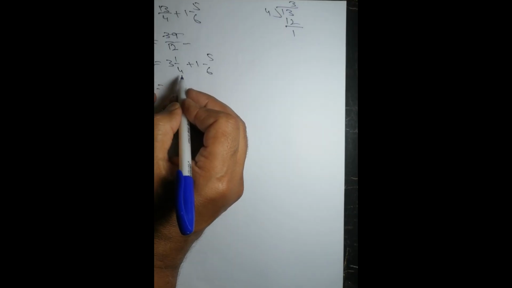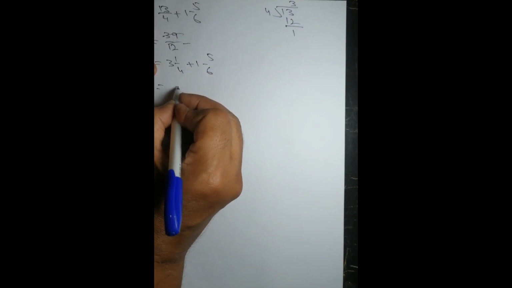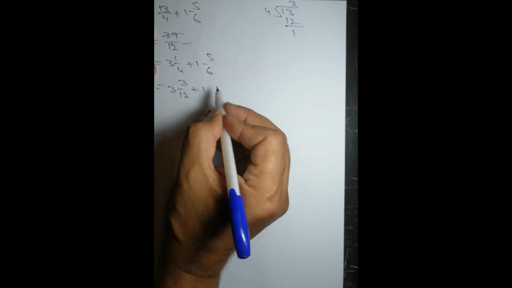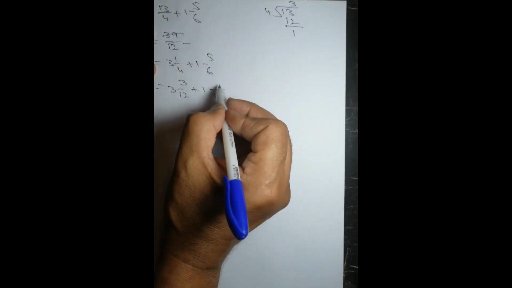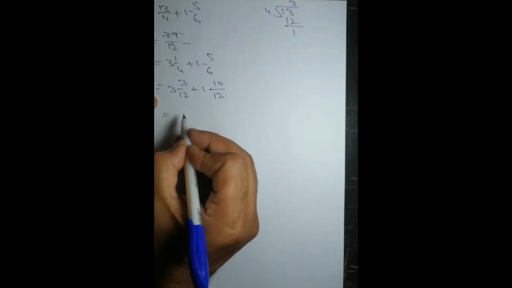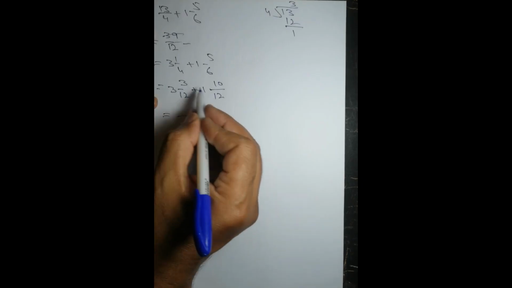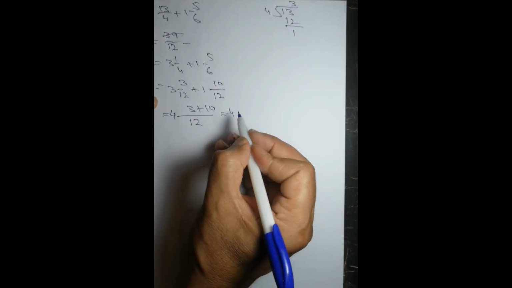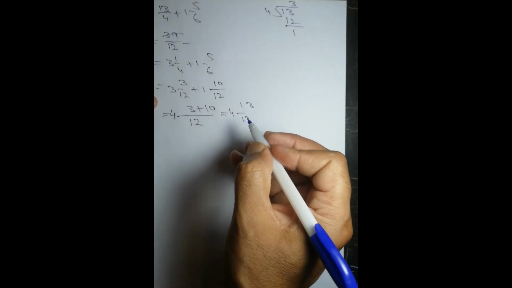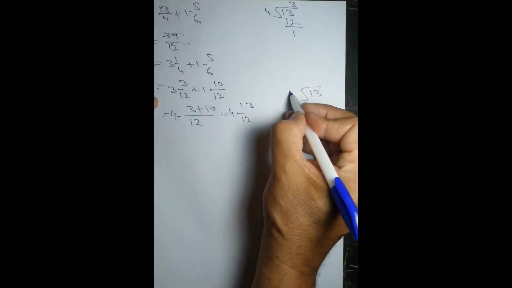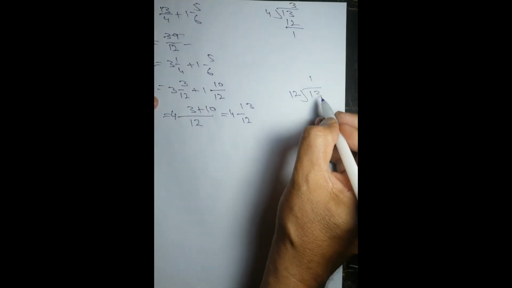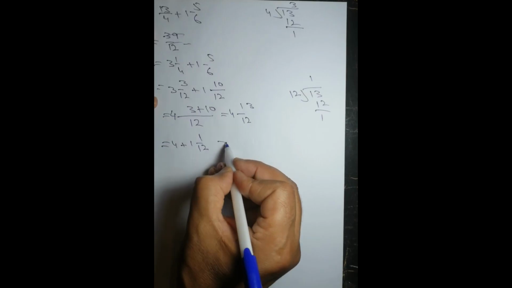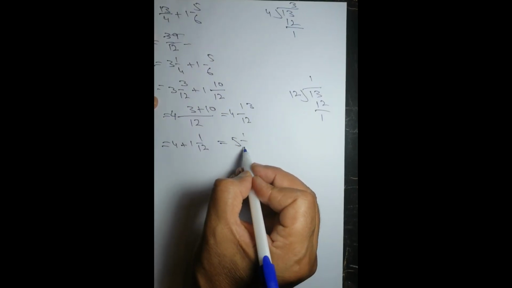Now make this fraction equal 12. 4 3s are 12, 3 whole 3 by 12, plus this fraction multiplied by 2. 6 2s are 12 and 2 5s are 10. So now the denominator is the same, 12. 3 plus 1 whole numbers are 4 whole number, and this will be 3 plus 10, that is equal to 4 whole 13 by 12. 13 by 12 is improper, so 12 ones are 12, 1. So that is equal to 4 plus 1 whole 1 by 12. We can write 5 whole 1 by 12.